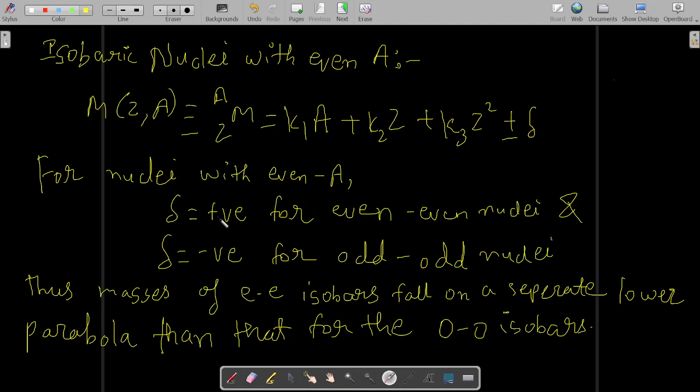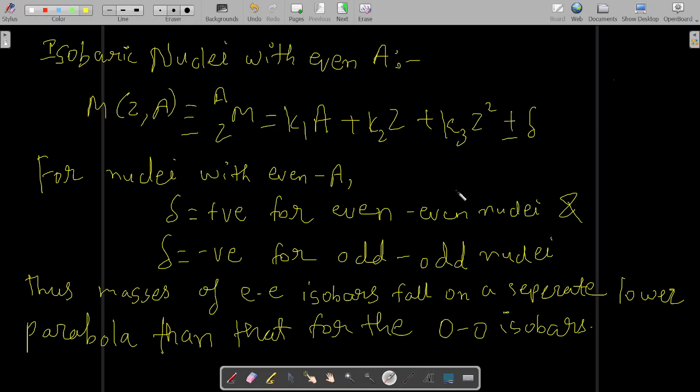Delta is positive for even-even nuclei, and delta is negative for odd-odd nuclei. So for the masses of isobars, the pairing energy is subtracted when it is positive, and when it is negative it is added. It is the other way around.